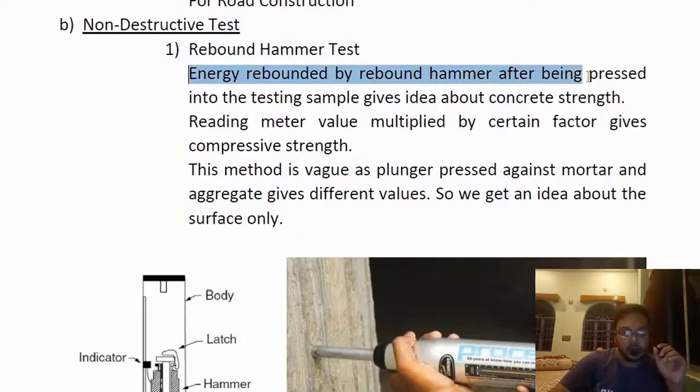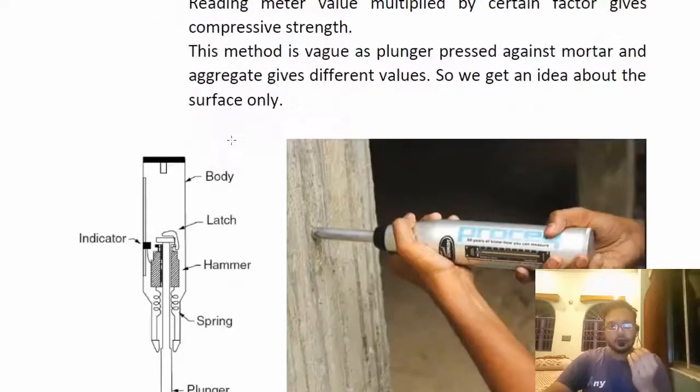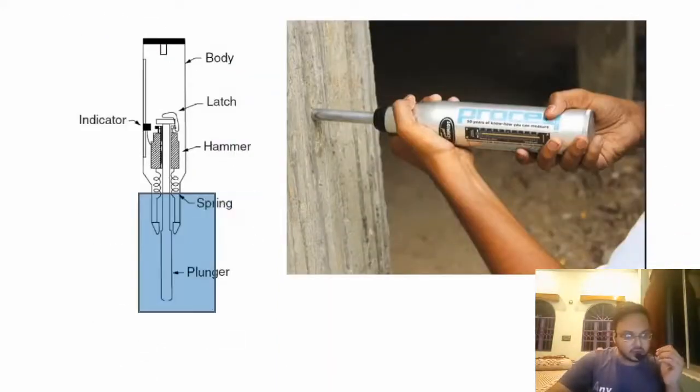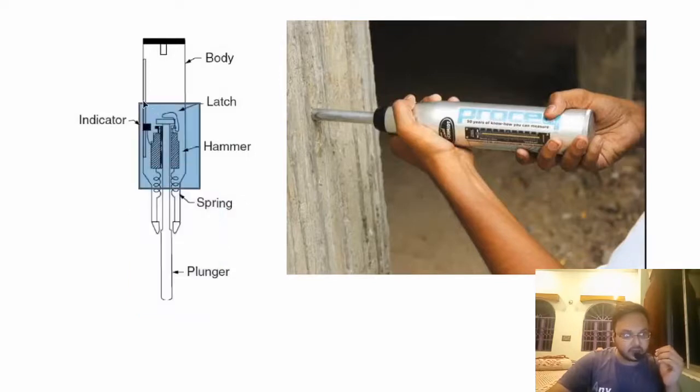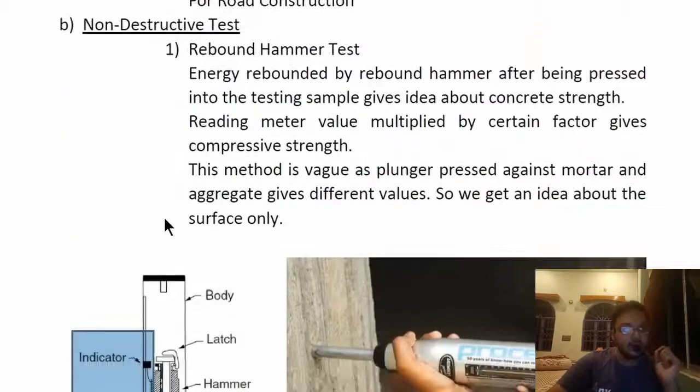The energy rebounded by the rebound hammer after being pressed into the testing sample gives an idea about the concrete strength. So there will be a certain amount of energy which will be rebounded back, because there's a spring attached to this particular plunger, and there's one hammer which further hits this latch, and thus we get some reading in this particular indicator.